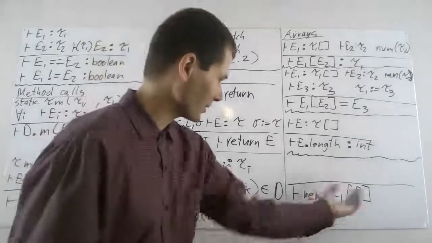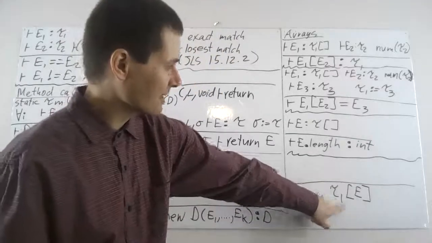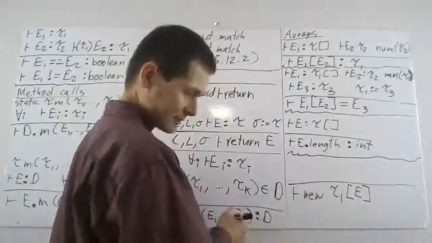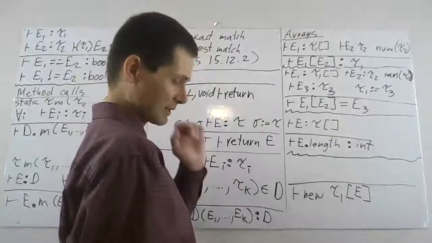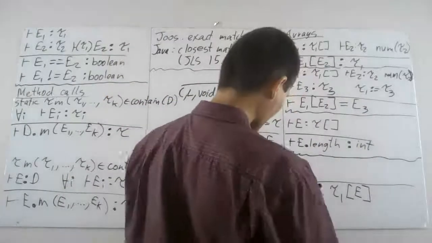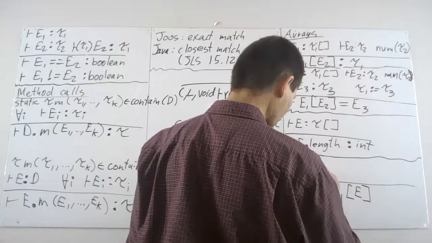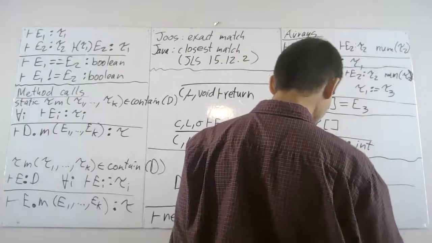So what do we have to check here? Well, one interesting thing is that tau1 can be any type, so you can have an array of ints or an array of classes or whatever. But of course, the expression E has to be of a numeric type.